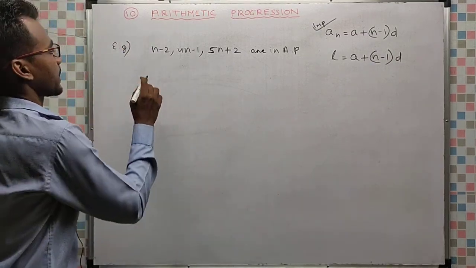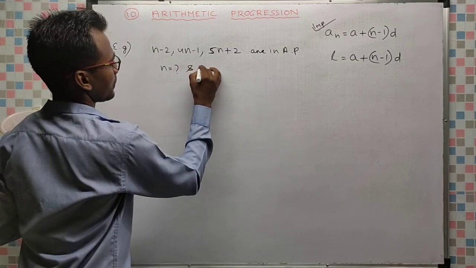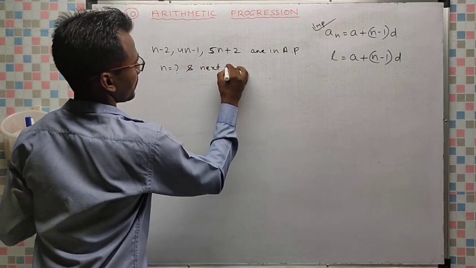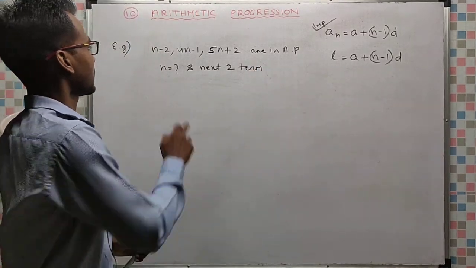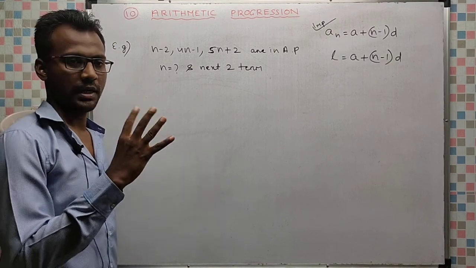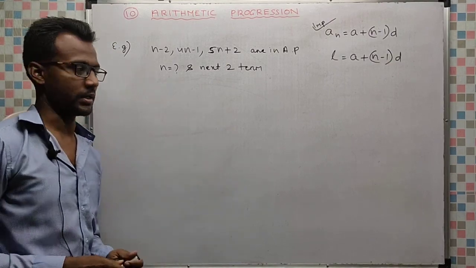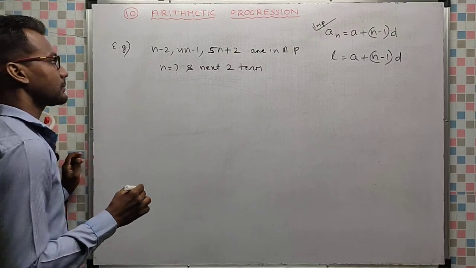And for the next two terms, first term, second term, third term, you have to find the fourth term and fifth term. Two more terms you have to find. First, let us get n.